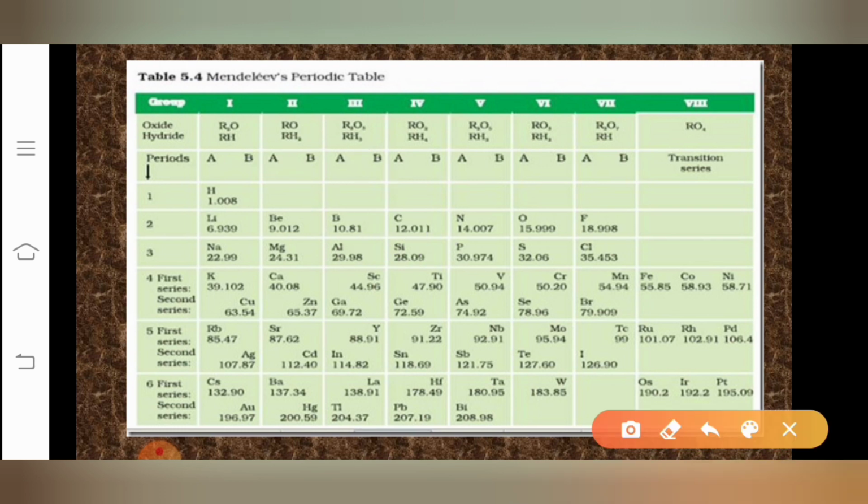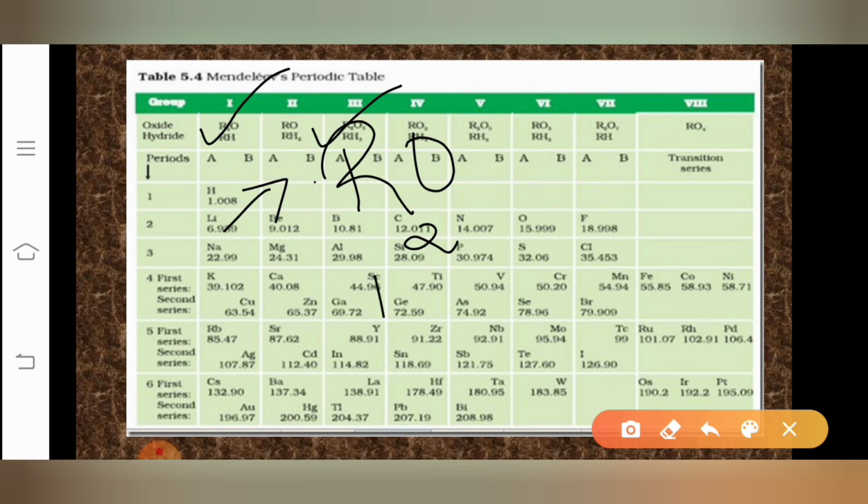Correct? So one more thing, you can also react the next element, that is lithium, right? Now let us react this, that is R2O, R may be any element, right? Now let us take lithium. So it is Li. Now R2O means it is Li2O.